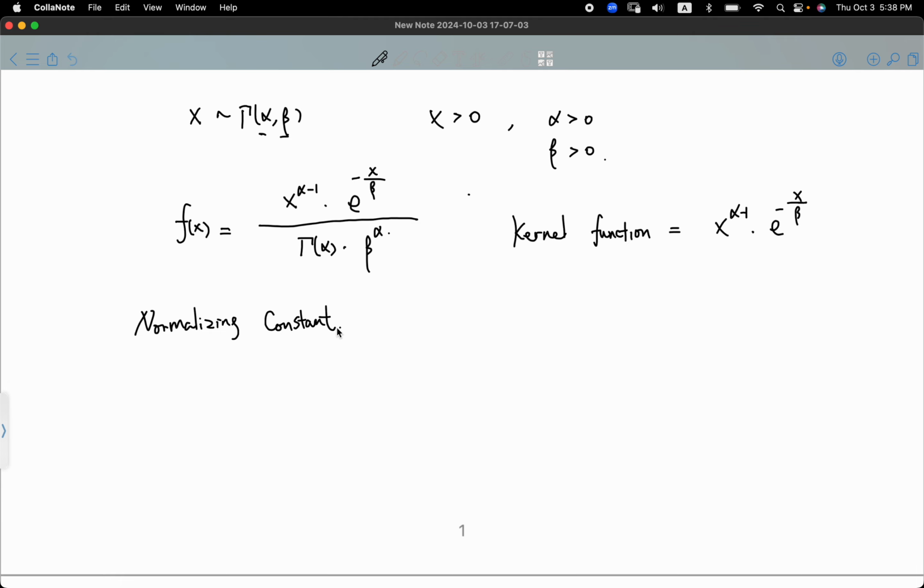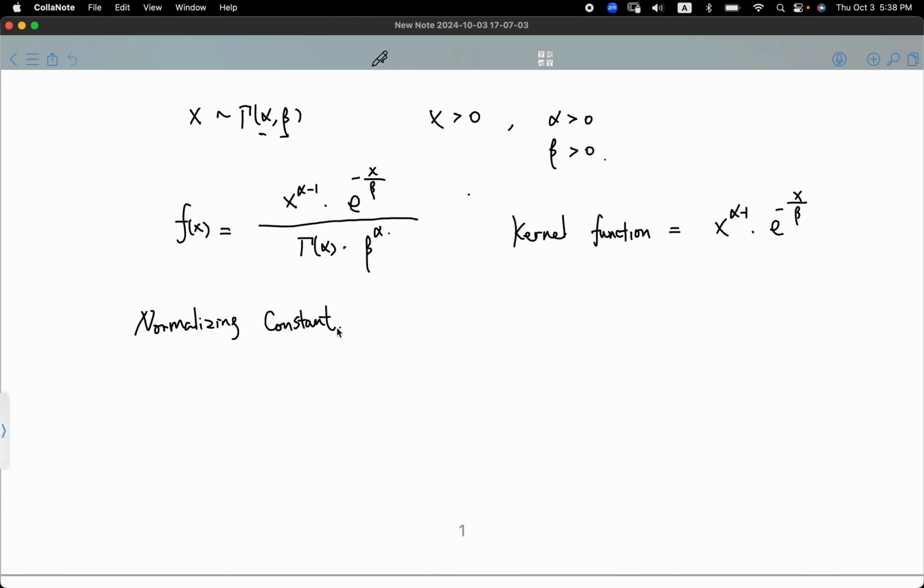The normalizing constant is a particular constant for a distribution that makes the probability mass, when you sum everything together, end up as 1. Because not all functions, when you integrate from negative infinity to positive infinity, will get you 1, and then it is not a probability density function. It's just a function.